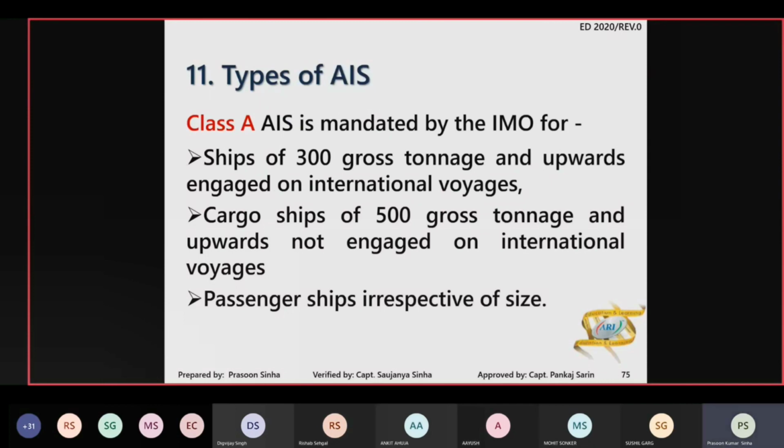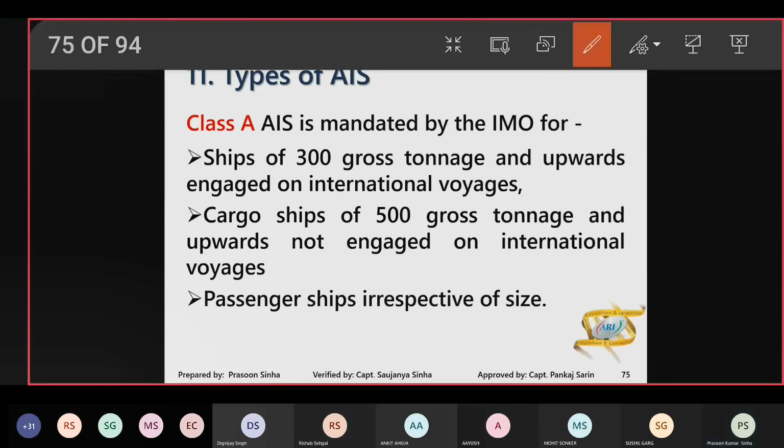Which SOLAS vessels are required to carry AIS? Foreign going vessels 300 GRT and above. Coastal vessels 500 GRT and above. Any kind of vessel, coastal or foreign going, irrespective of their size, AIS is a must. All tanker vessels, small or big, foreign going or local, they will have AIS.